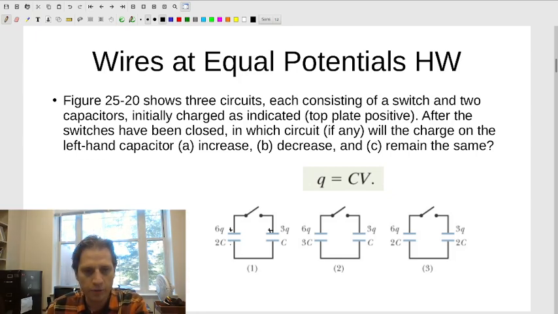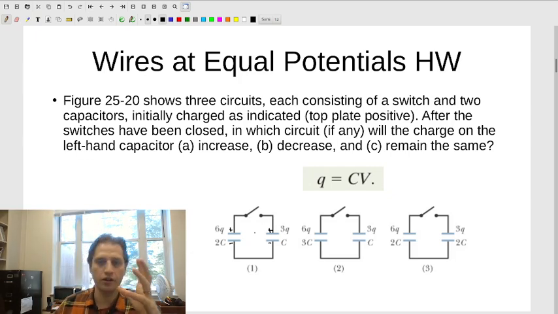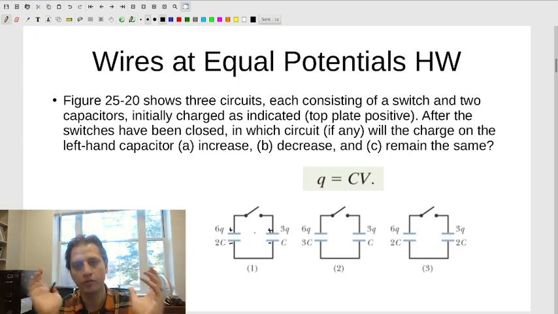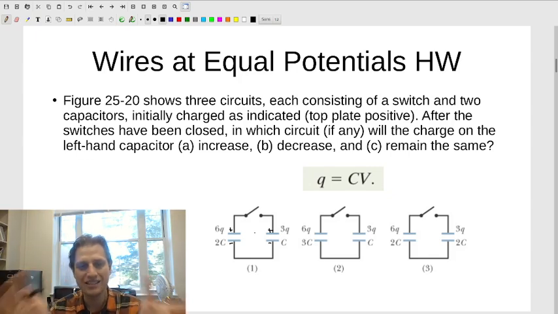Well, if this is your first time thinking about capacitors, you might not know what to do next. So we're going to have to think about what extra thing is going to be true once I close that switch. And the thing that becomes true once you close this switch is that, after everything has a chance to settle down, the voltage along that wire is zero.